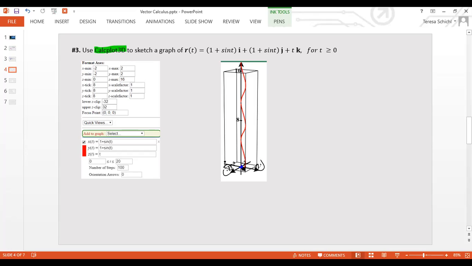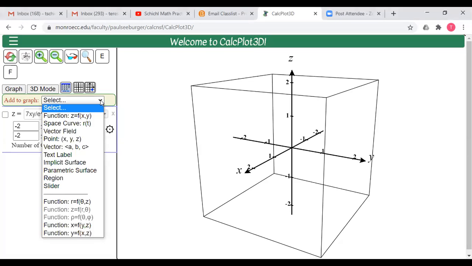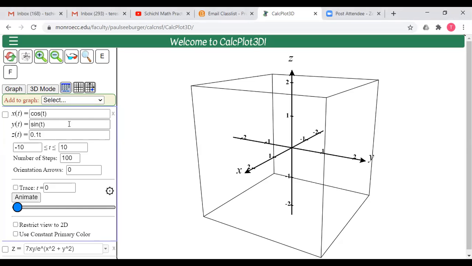Okay, so let's take a look at the CalcPlot3D software. Let me exit here and go to the software. If you launch CalcPlot3D, the graph type you choose has an option called space curves. So you choose space curve. And what do you do here?